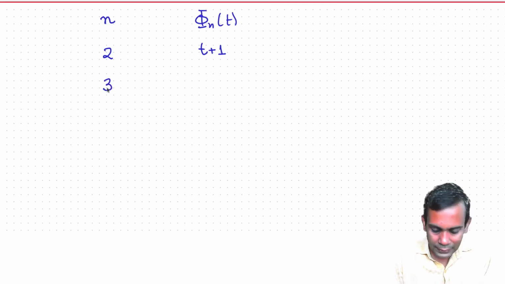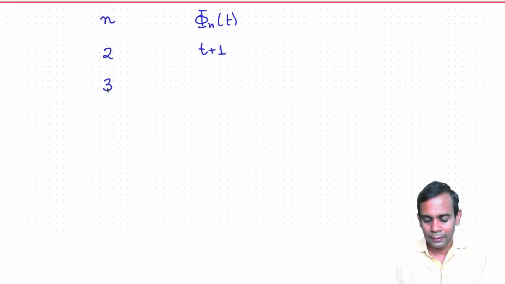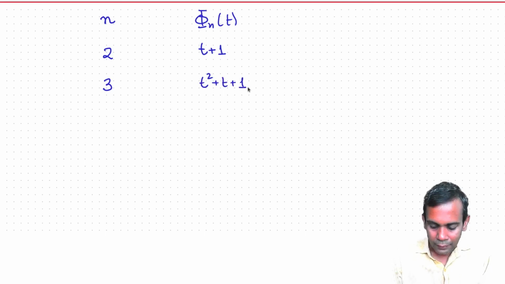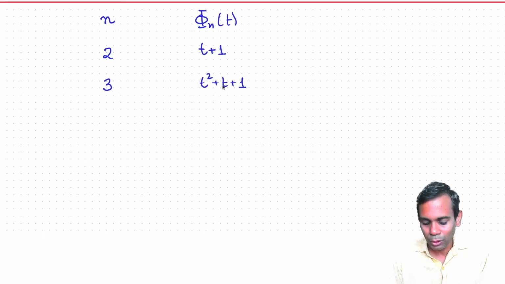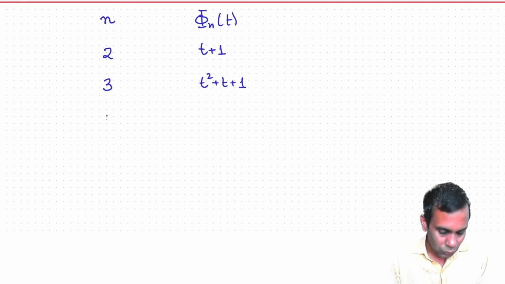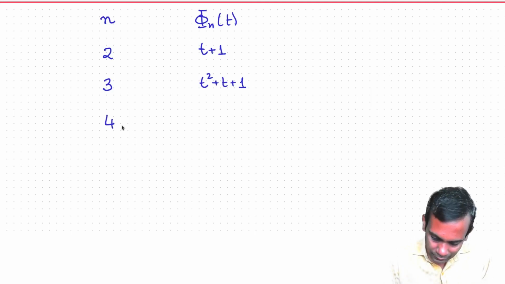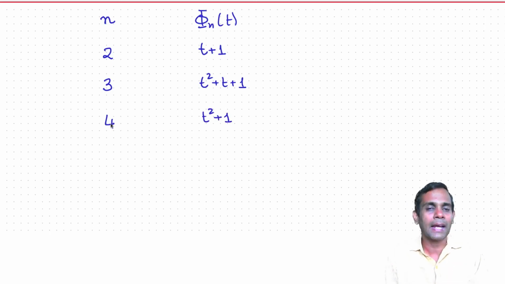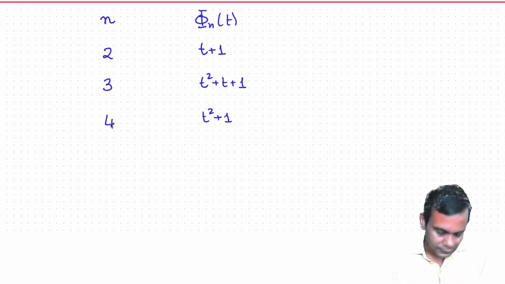If n equals 3, then we are looking at cube roots of unity, e^(2πi/3). These satisfy the equation t² + t + 1, which turns out to be irreducible over Q. It's a quadratic polynomial, so its irreducibility just means that there are no roots. And if we take n equals 4, then a little bit of thinking, you may come up with t² + 1. So n equals 4 means we're looking at fourth roots of unity, which are 1, i, −1 and −i. ζ_4 is just i.